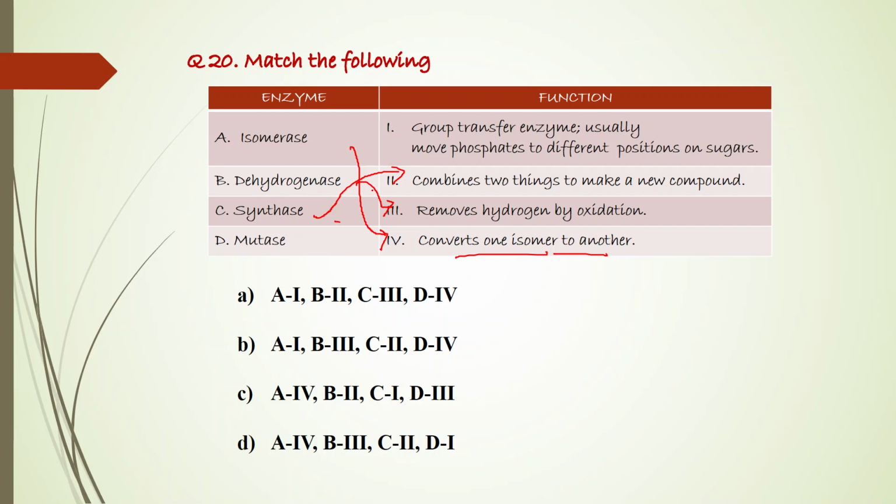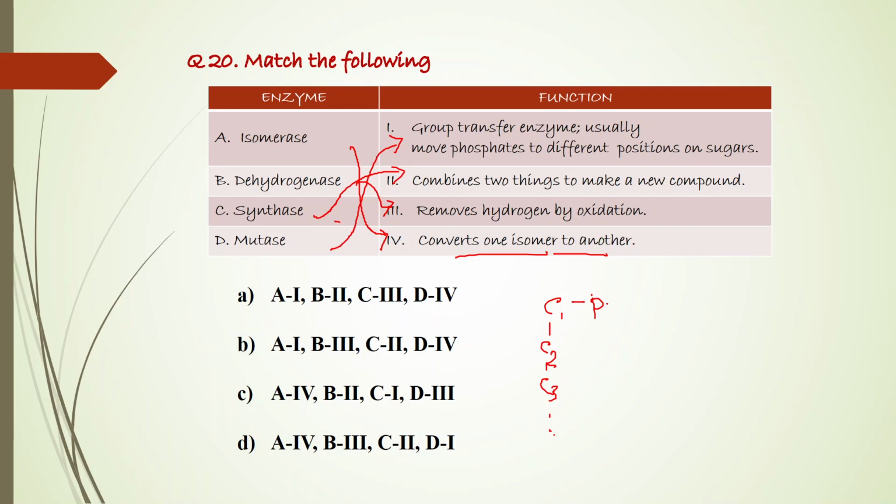The next one is mutase. What will a mutase do? Mutase is basically a group transfer enzyme where it will move the phosphate groups from one position of the sugar to another. So this should lead to function number 1. How does that look? If you have your C1, C2, C3 etc. I am not drawing the other functionalities, and suppose you initially had your phosphate group here.